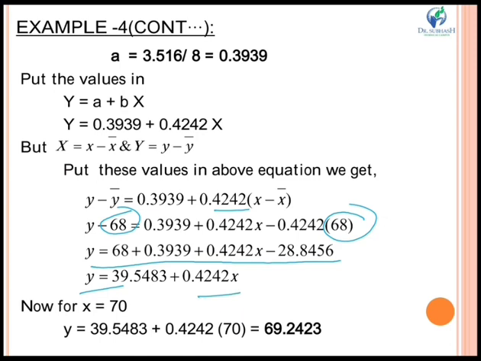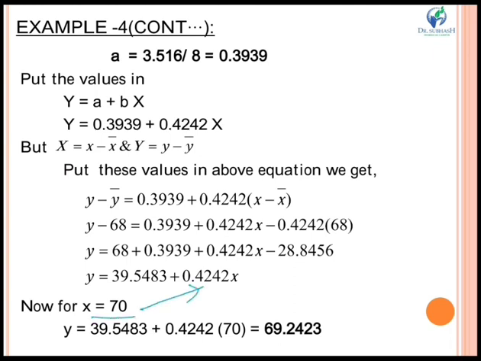Now we also need to find y for x equal to 70. So I will put x equal to 70 in this equation, and I get y equal to 69.2423. So dear students, this was the first topic of curve fitting, that is fitting of a straight line.